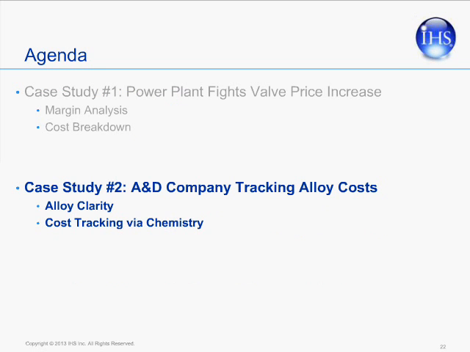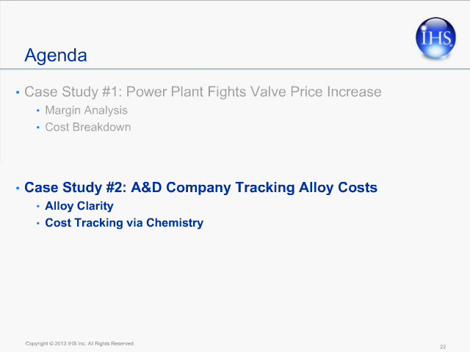The second case study looks at another approach to these cost-saving methods, of course, going back to that alloy cost outlook. It's even more obscure in many cases than something like an industrial valve that's fairly complex. But the advantage of alloys is that you always have the actual chemical breakdown to lean on.